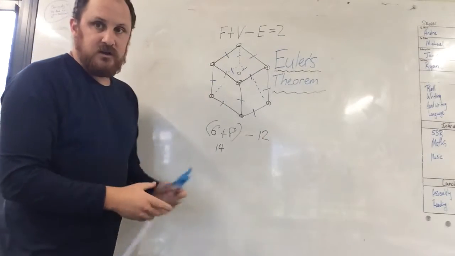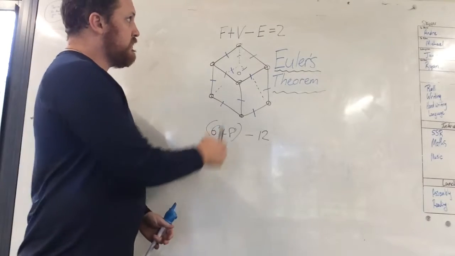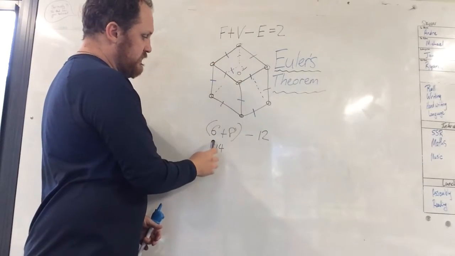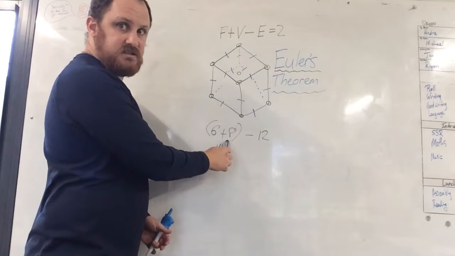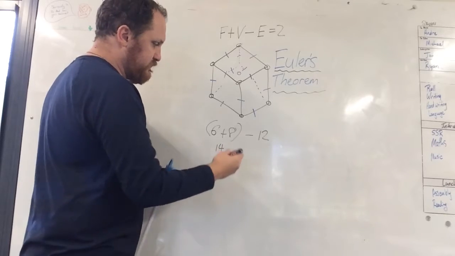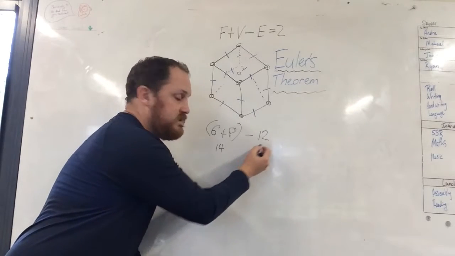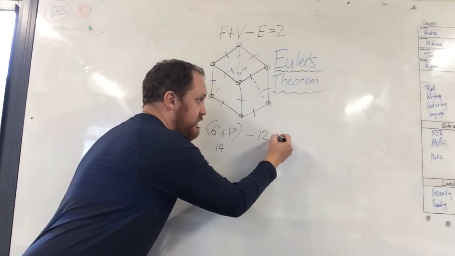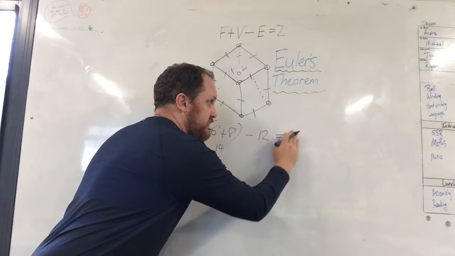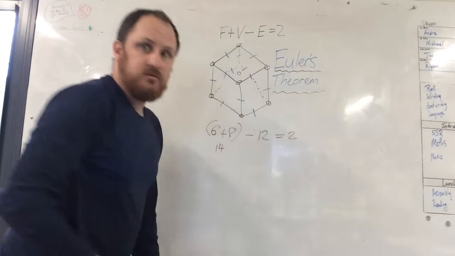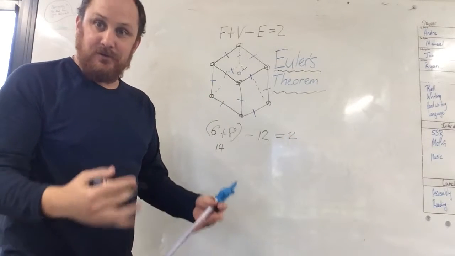So if we look at Euler's theorem again, the faces plus the vertices take away the edges. So basically what it's saying is 14 take away 12, okay, which is, whoopsie, 2, okay, and it works all the time.